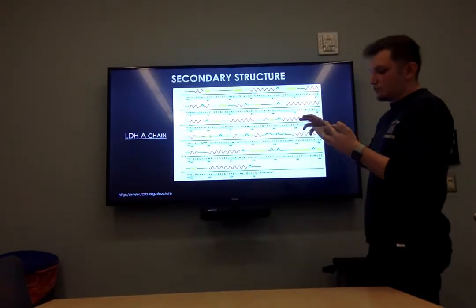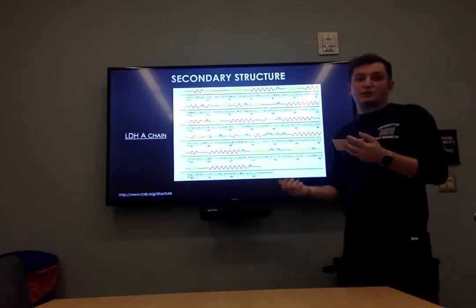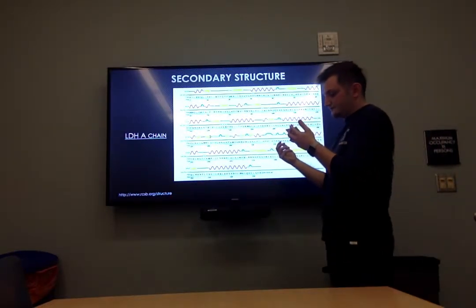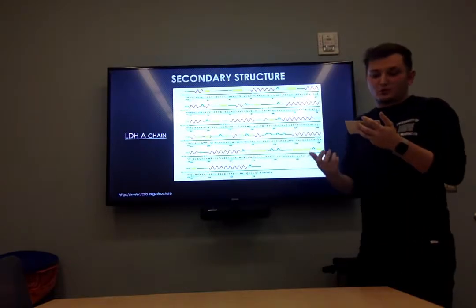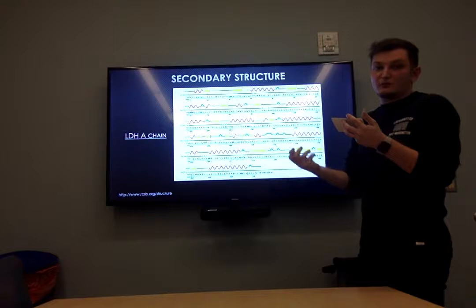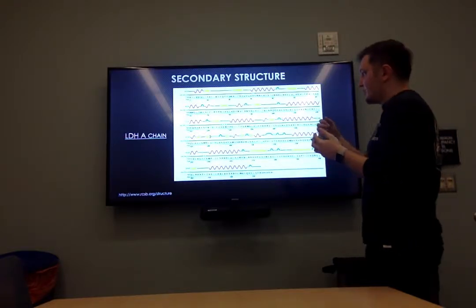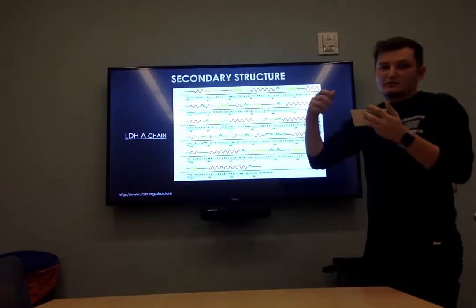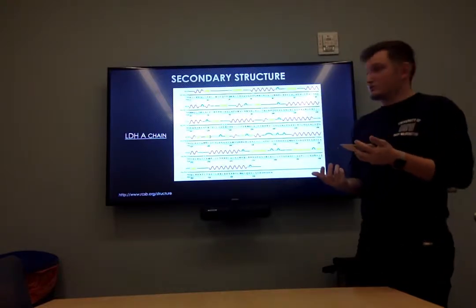It's 44% helical with 15 helices, composed of 149 residues, and about 18% beta sheets with 16 strands, which is comprised of 62 residues.